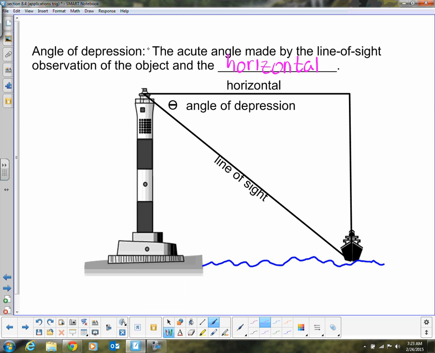So the angle of depression is going to be the acute angle made by the line of sight and the horizontal. This is the angle of depression. So we've got some guy sitting up here, and he's looking down at this boat. He's more like sitting in the tower. And his angle of depression of his eyesight is this angle.